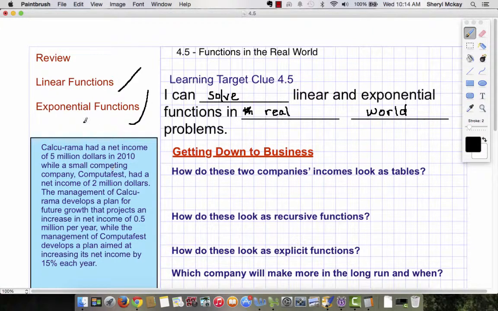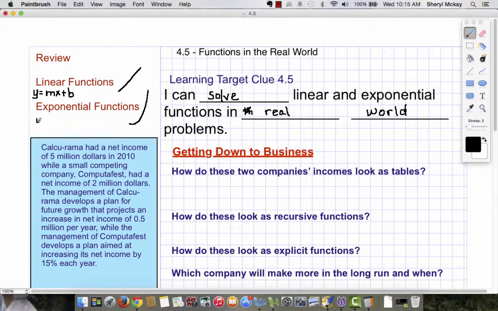Okay? Linear functions are often seen in different forms, but the one that we're most familiar with is y equals mx plus b, which is slope-intercept form. We use that for graphing a lot. And m represents the slope and b represents the y-intercept.